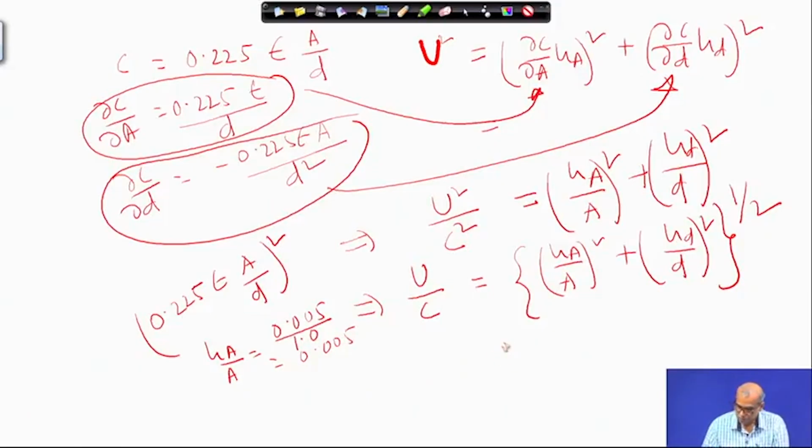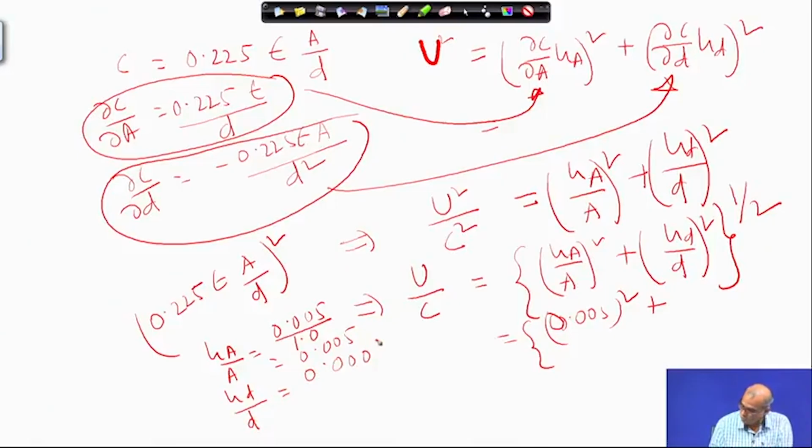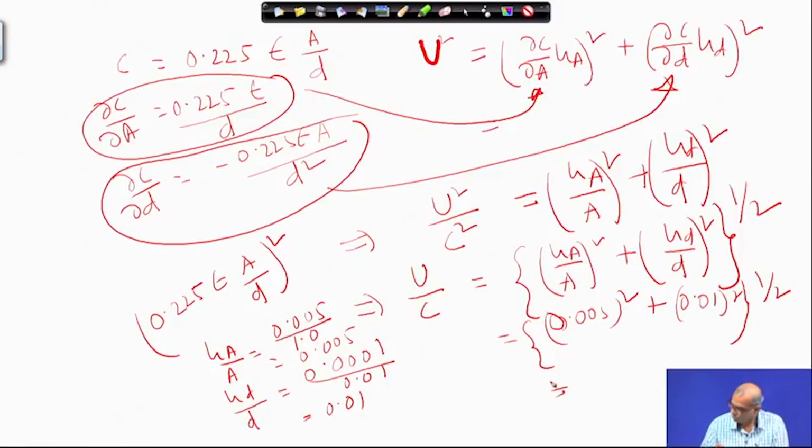So, this becomes 0.005 square, plus u D by D, which is 0.0001 divided by 0.01. So, this becomes 0.01, 0.01 square, whole to the power half.